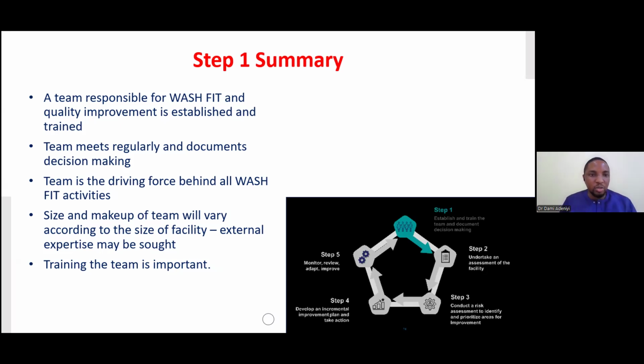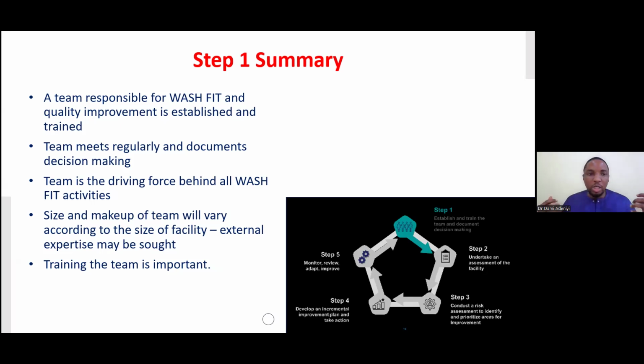And then this team needs to meet regularly, to make decisions, to do the assessments, to decide on the improvements, drafting a plan amongst all of this. But what is critical here is that it is the team that becomes the driving force for all of the WASH FIT activities, and training the team on how this needs to be done is extremely important.